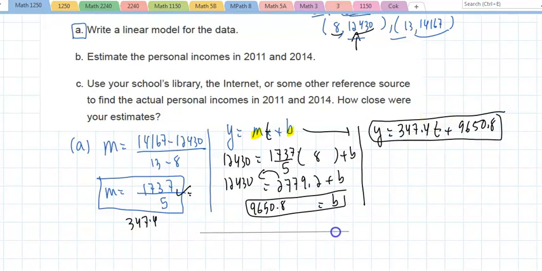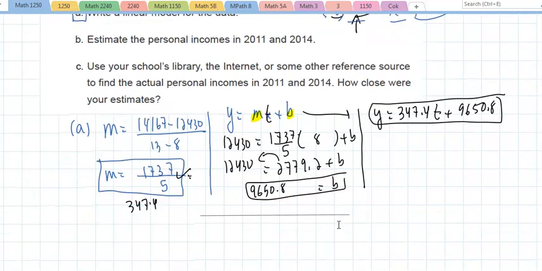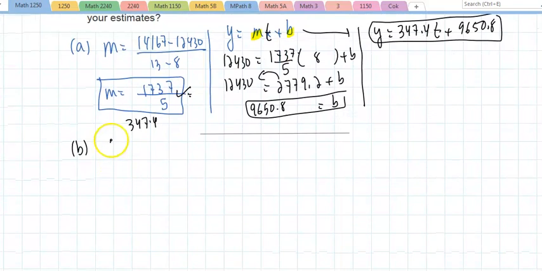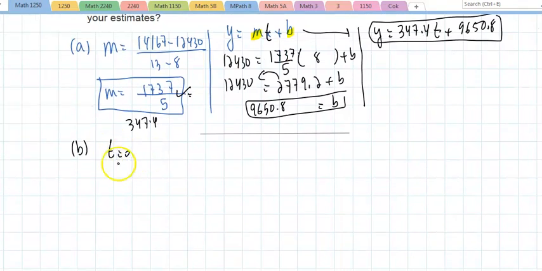If I look at B, it says estimate the personal income in 2011 and 2014. Well, 2011. Remember, t equals 0 is the year 2000. So this person was born, think of it that way. In the year 2000, they were born.